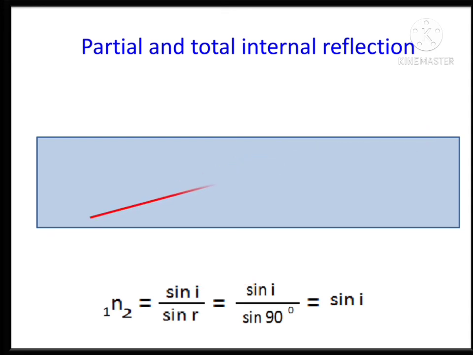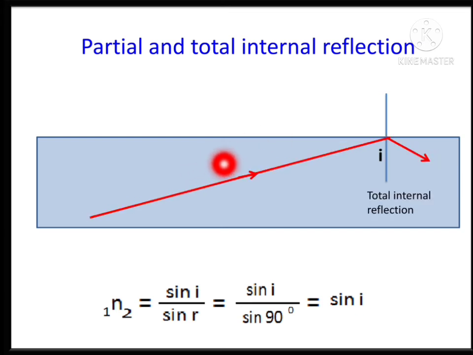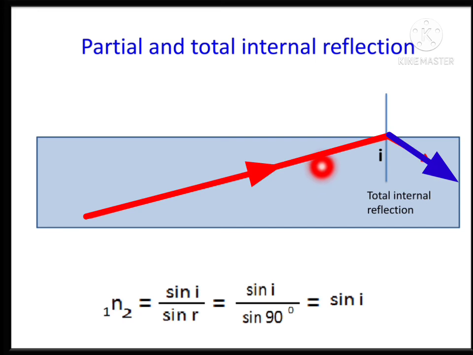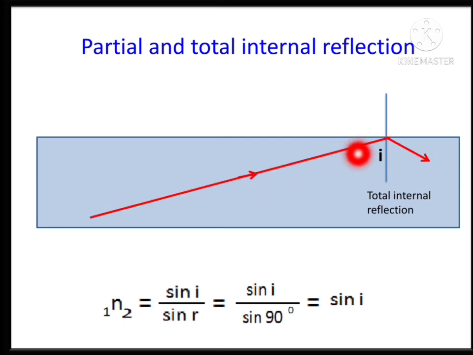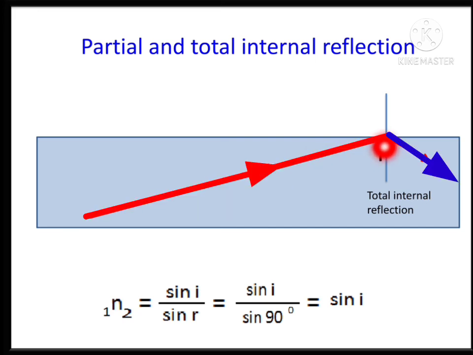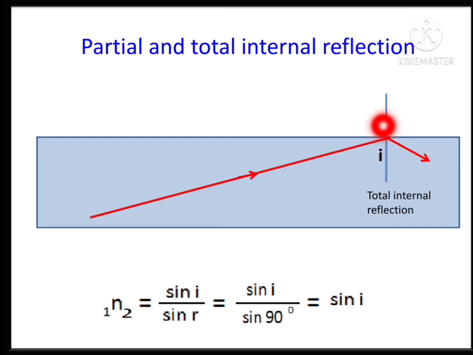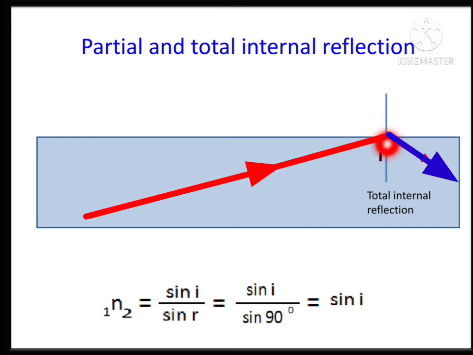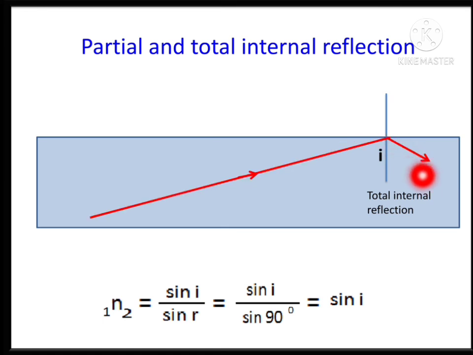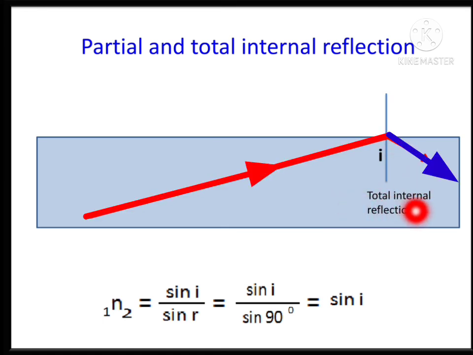If the angle of incidence is more than the critical angle, then the incident light on reaching the surface of the interface between the denser and rarer medium turns back into the denser medium. This is called total internal reflection.